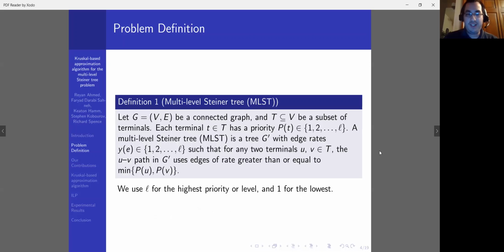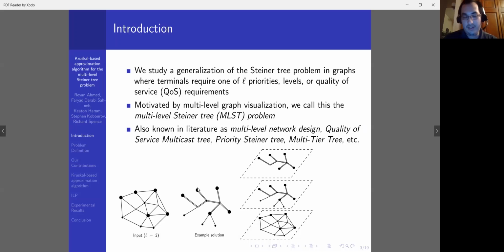A multi-level Steiner tree is a tree G prime containing edges of different rates, also between 1 and L, such that for any 2 terminals u and v in the terminal set, the path connecting them in the tree uses edges whose rate is greater than or equal to the minimum of the priorities of the 2 endpoints. As an example, in this picture we have priority 2 terminals which are connected using rate 2 edges, and any pair of terminals is connected using edges with rate at least 1.